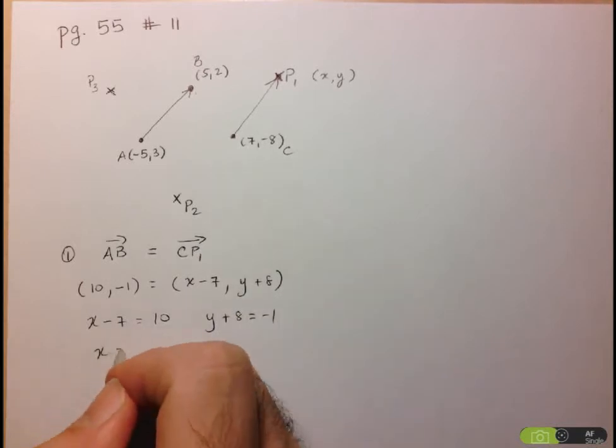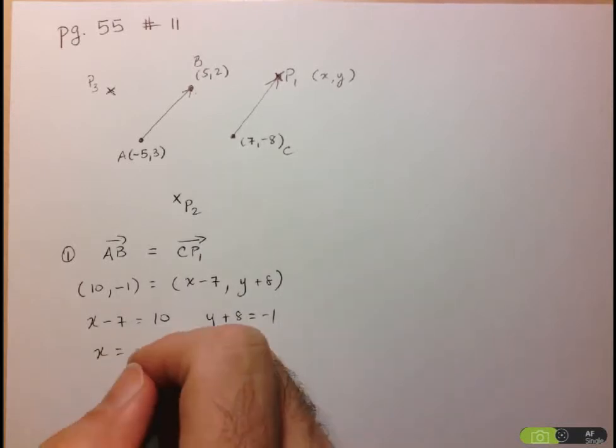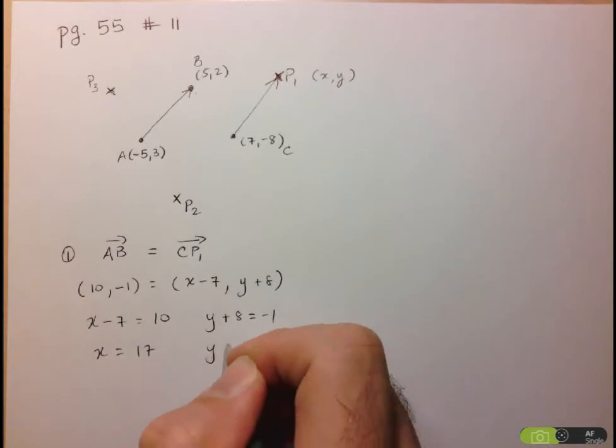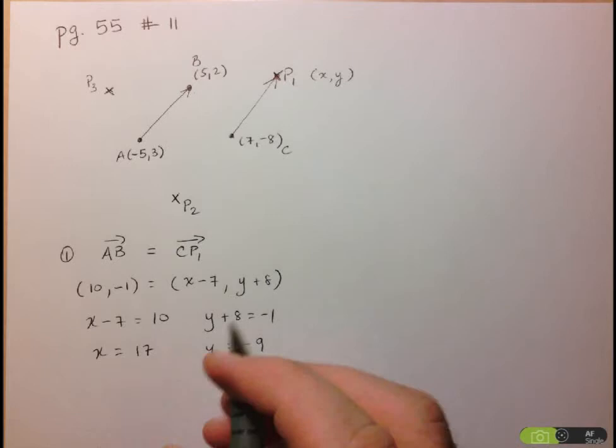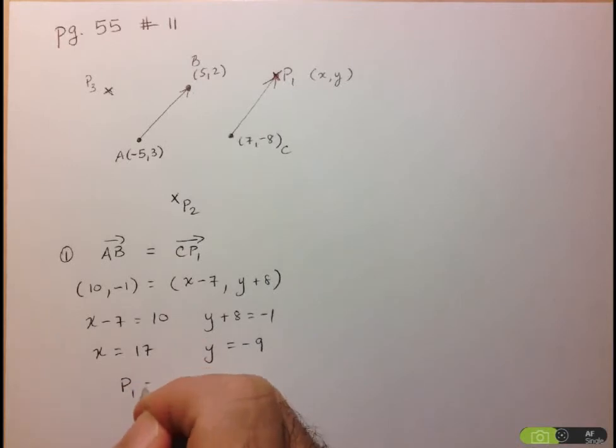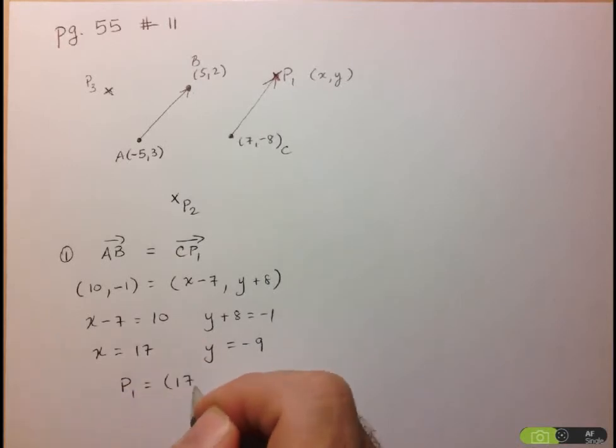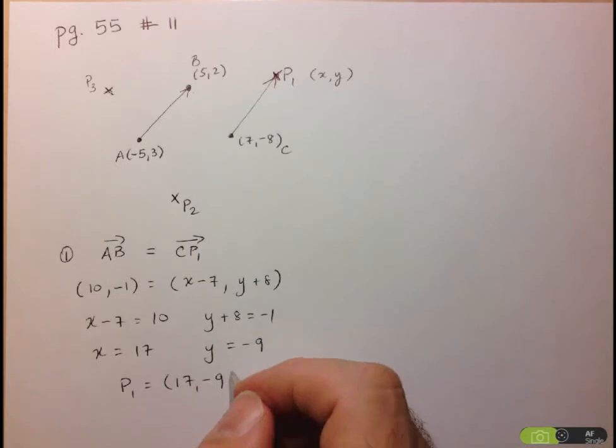And I can solve this. 10 plus 7 is 17, and negative 1 minus 8 is negative 9, so the point P1 is equal to (17, negative 9).